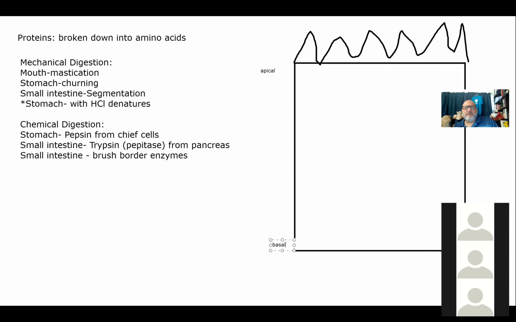Proteases are enzymes that help to break down proteins. Peptidases help to break the peptide bonds. They're basically two names for the same types of things.